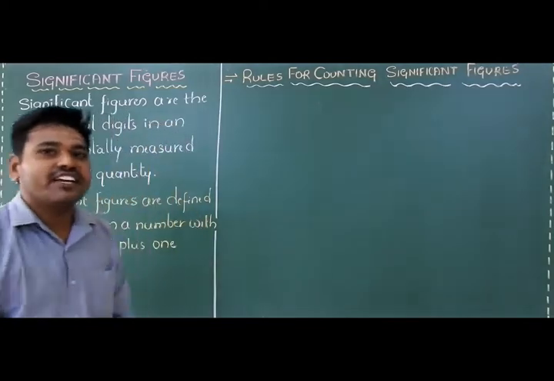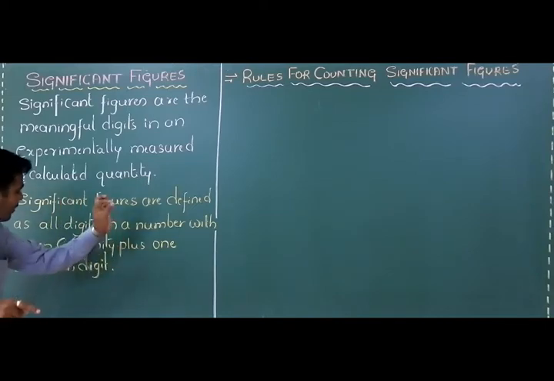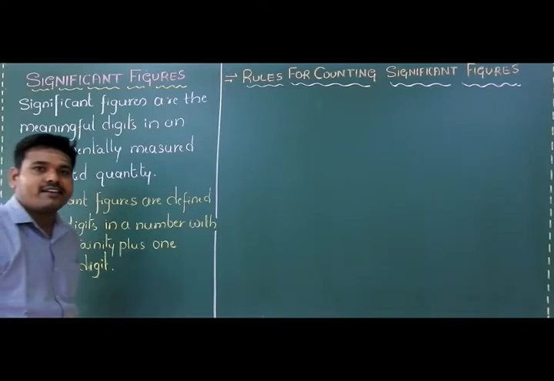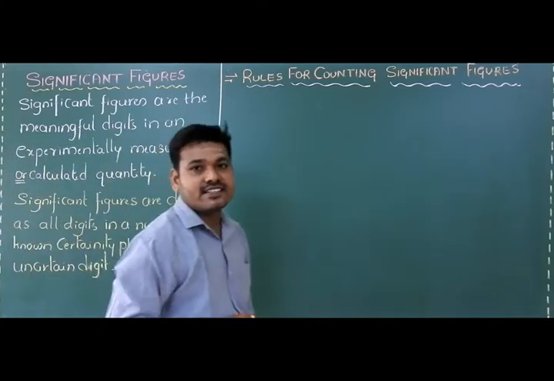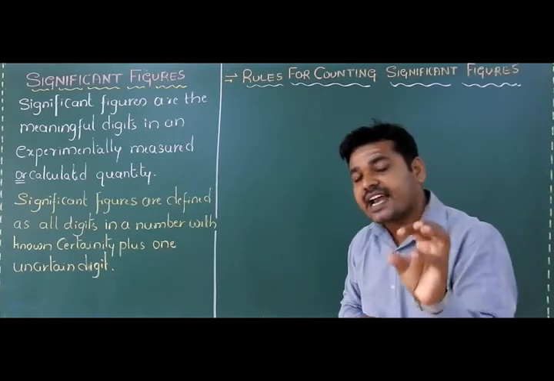And these significant figures are defined as all digits in a given number with known certainty plus one uncertain digit. That itself we call the significant figure concept. Please try to understand the definition.